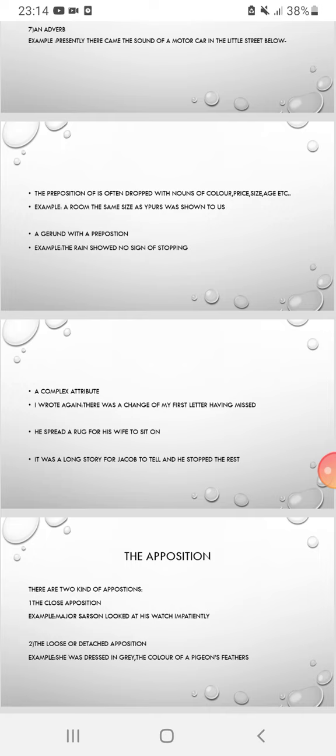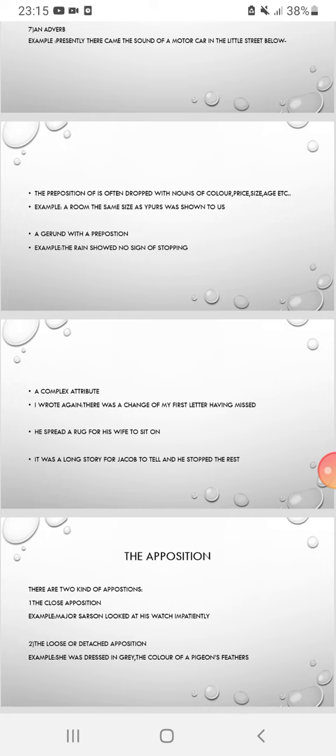A close apposition stands in close connection with the word modified and is not separated by a comma. It generally consists of either the name of a person or a noun denoting a title, a rank, a profession of a person, a noun denoting relationship, or a geographical name.